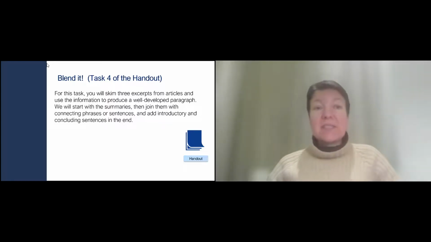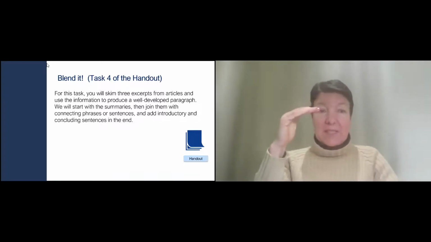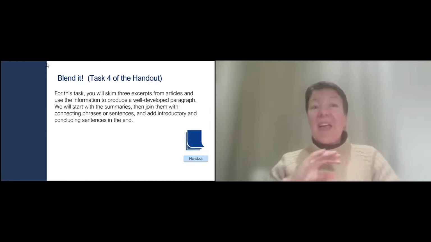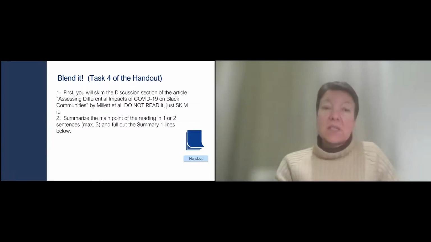This is done after, like with the sandwich model: topic sentence and concluding sentence are produced after the summary is done. So our task is to skim that part and try to summarize it in 1, 2, possibly 3 sentences, but definitely not more than 3. Okay, ready, set, go.